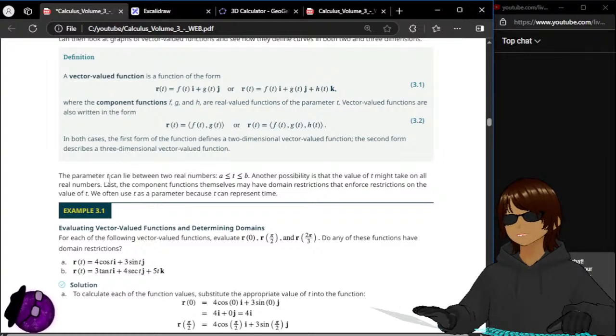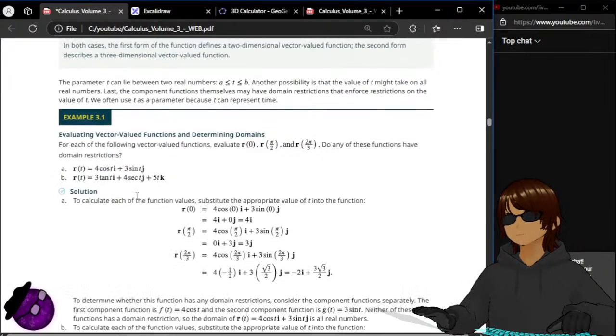The parameter t can lie between two real numbers a and b. Another possibility is that the value of t might take on all real numbers. Last, the component functions themselves may have domain restrictions that enforce restrictions on the value of t. You often see t as a parameter because t can represent time.